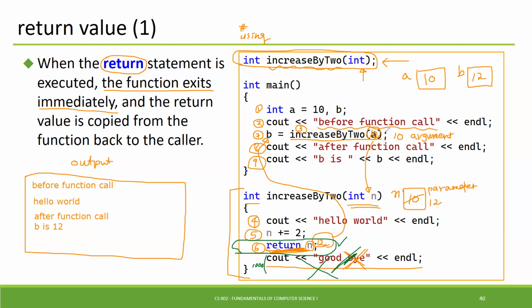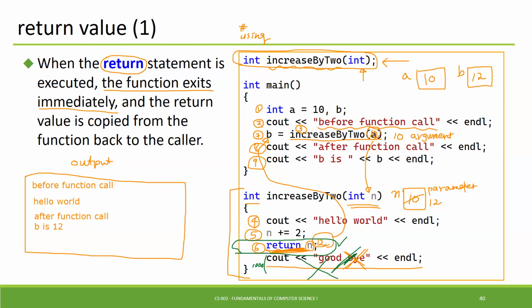Yes, so if this is true, then return this; otherwise return something else. So we may have some if statement, but I just want to give you a straightforward example. This example doesn't have any meaning. I just want to show you what happens when you see return.